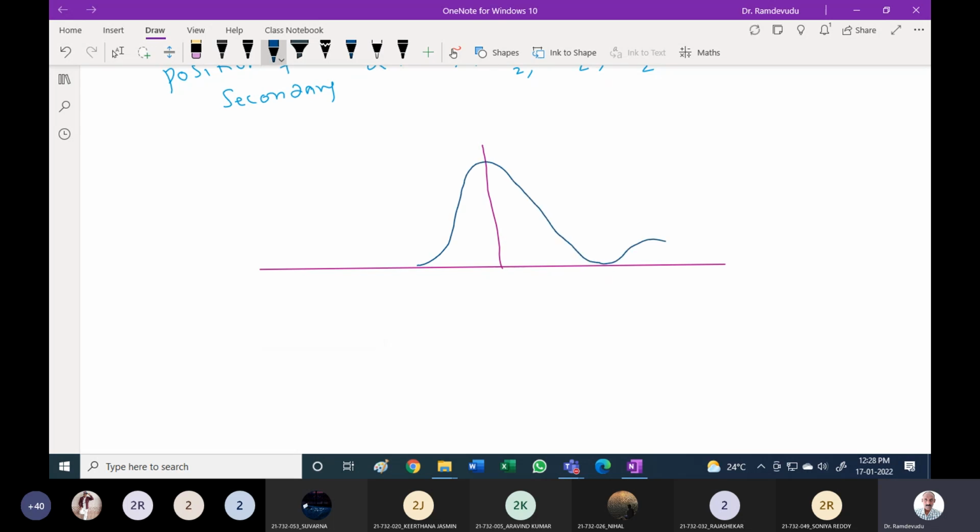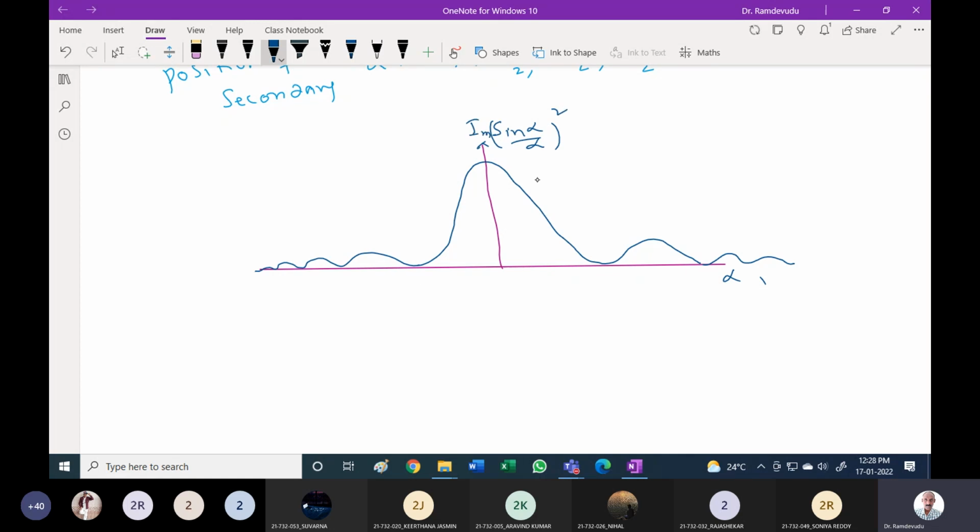Then we have secondary maxima here, again minima, and again secondary maxima, but the intensity decreases. On this axis I have taken alpha, and on this I will take sine alpha by alpha whole square with I naught.